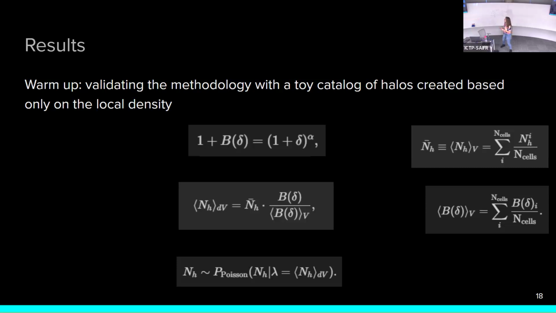And then you compute these parameters, the rate parameter in a Poisson distribution. So if you define your bias model and you do a Poisson distribution on top of that to generate your simplified halo catalog. Again, this is just an exercise for sanity check of the methodology, okay?